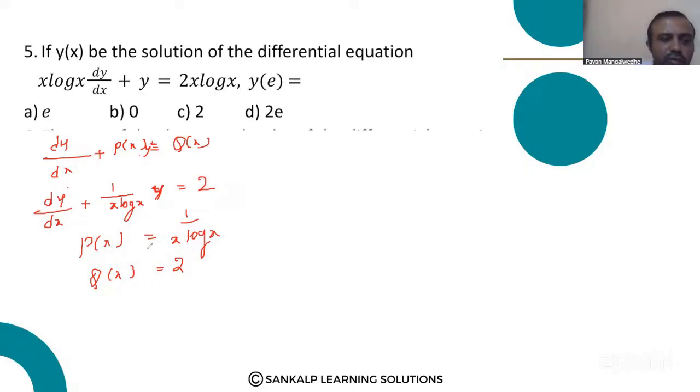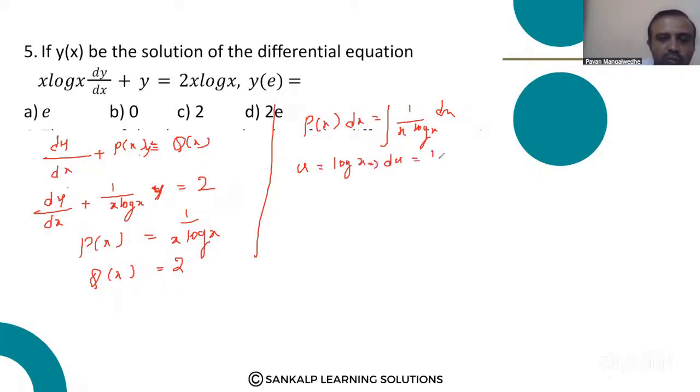Okay. So for the integrating factor, let me try to understand this. The integral of p of x dx is equal to the integration of 1 by x log x dx. Substitute u is equal to log of x, so du will become 1 by x dx, the differentiation of u.